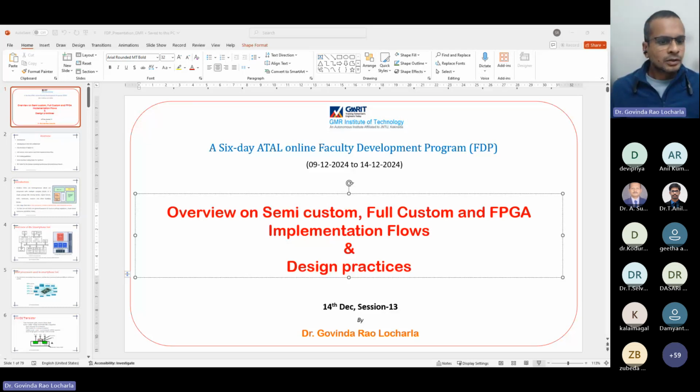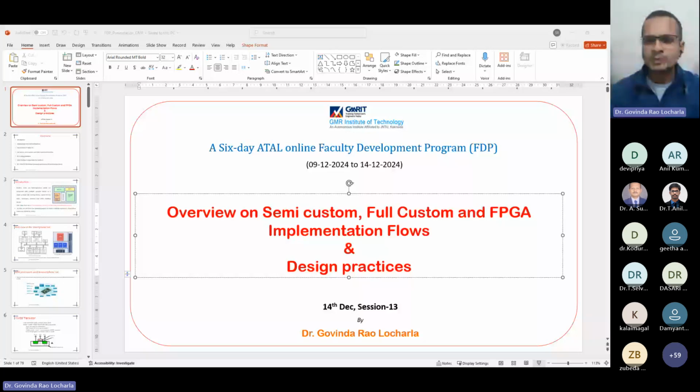To start with IC complexity, nowadays ICs are so heterogeneous, and most gadgets have systems on chips. The entire system is integrated into a single chip.